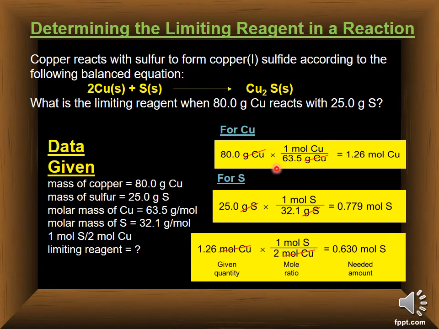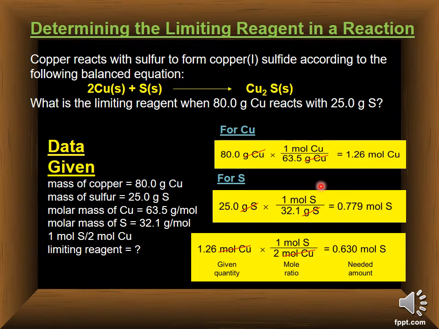So you can use the formula if you don't go for the conversion factor, which is number of moles is equal to mass of substance divided by molar mass. So what is the mass of substance? 80 grams of copper divided by what is the molar mass? 63.5 gram. After dividing, you can get 1.26 moles of copper. So again, one more time, what is the formula?